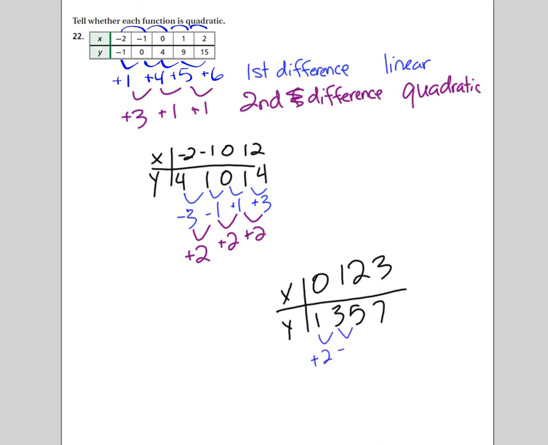Plus 2. And you'd say, oh, this makes a linear function. So the first difference, if it's constant, it is linear.